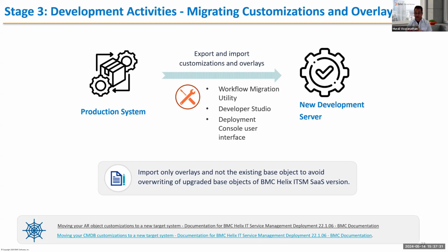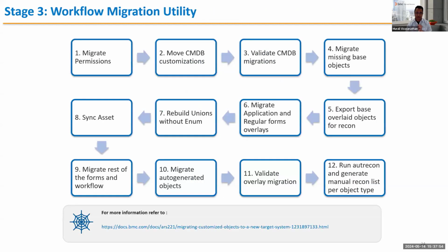And we also have our deployment console, which is available through mid-tier access, so you can use the deployment console user interface to export and import your customizations. There are multiple ways. There's a link at the bottom of the screen. All three methods, with different combinations and use cases, are covered in those two links, one for AR, one for CMDB.